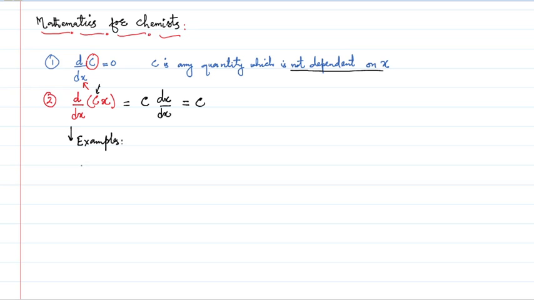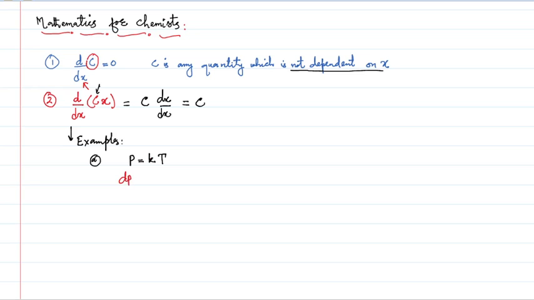For example, suppose the pressure is dependent on temperature and k is some constant. Suppose p is equal to kt. We have to differentiate it with respect to temperature.